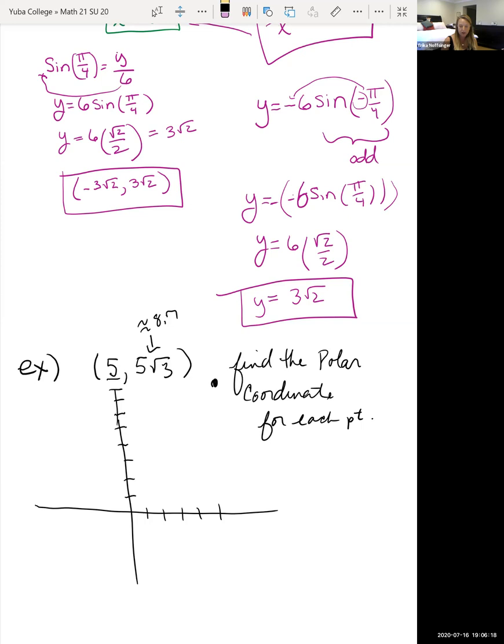Okay, so here's our point. We can form our triangle. We know what our x, this base is. This is our x value, which is 5. And we know what our y value is, which is 5√3. And we want to figure out what this theta is.